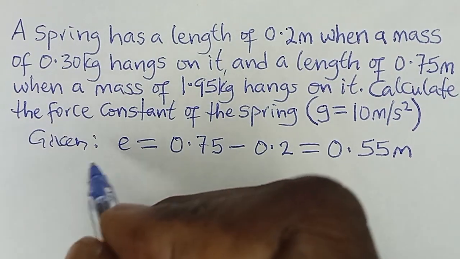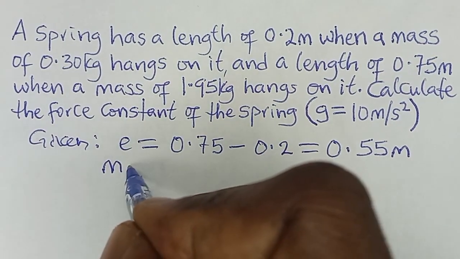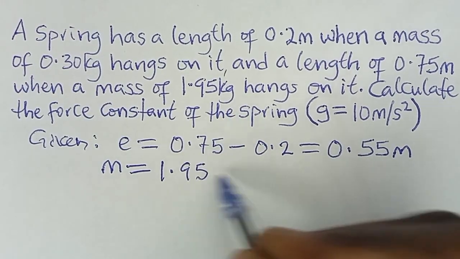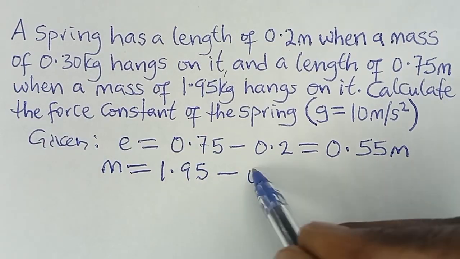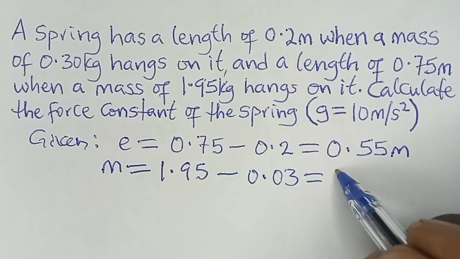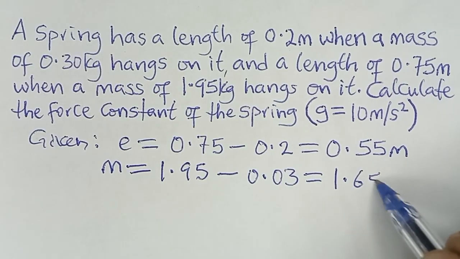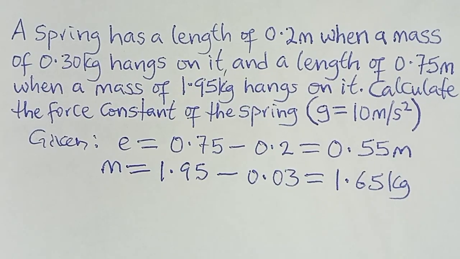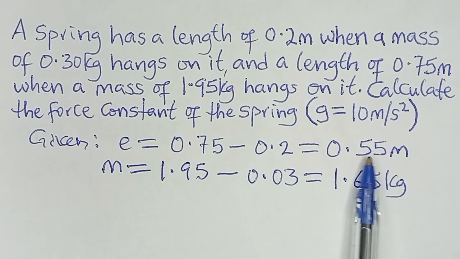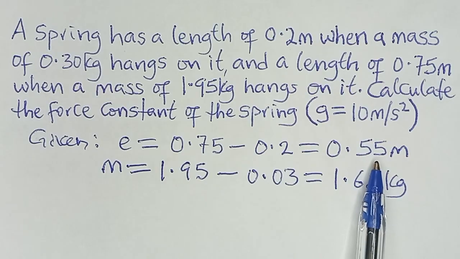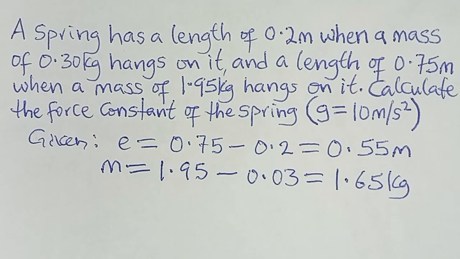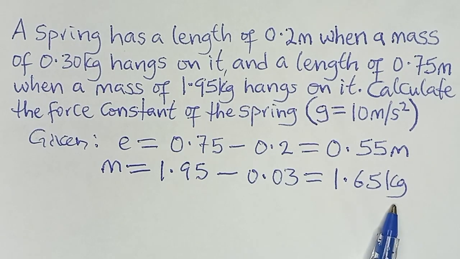So I can say the resultant mass m is equal to 1.95 minus 0.30, and that will give us 1.65 kilogram. So it is this resultant mass that gives this resultant extension of 0.55 meter. So from there, the next thing we can do, from this mass, we can get force.